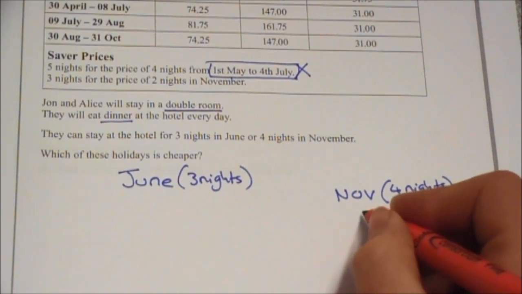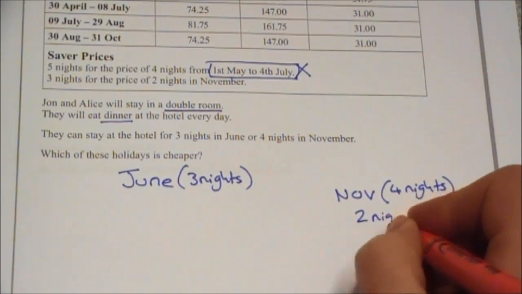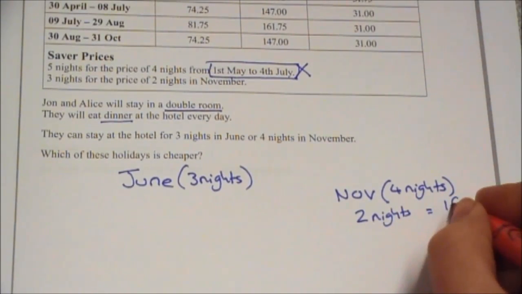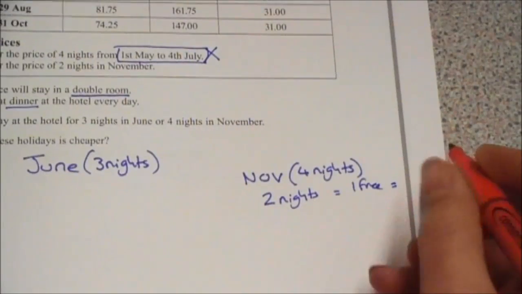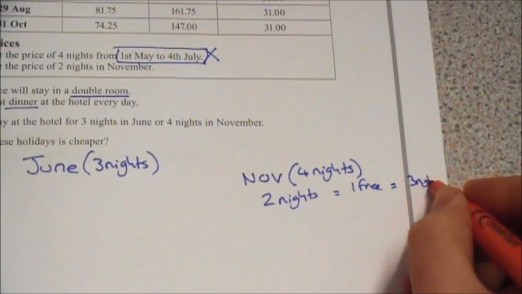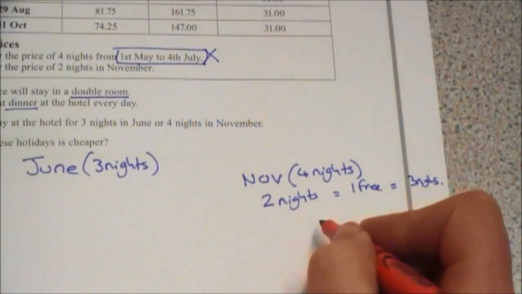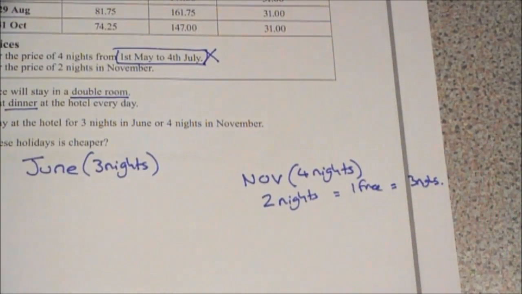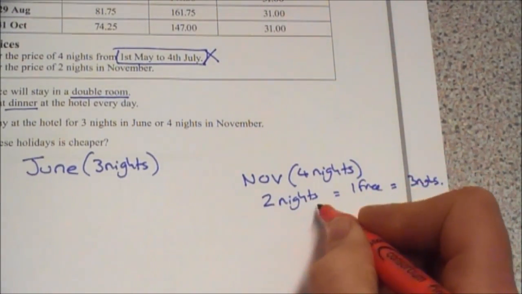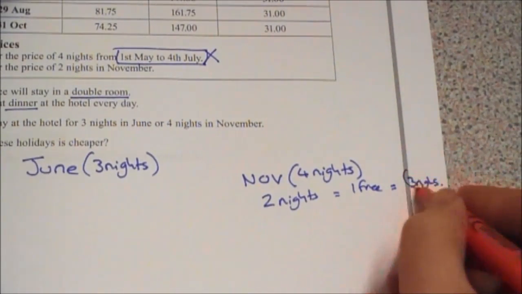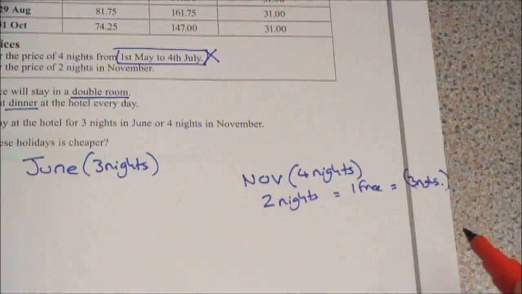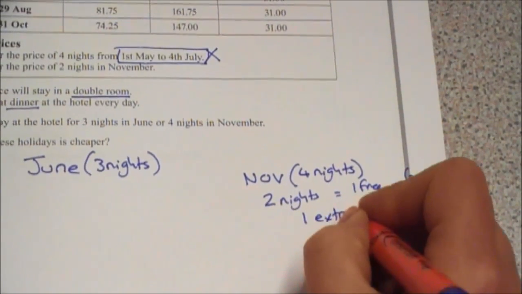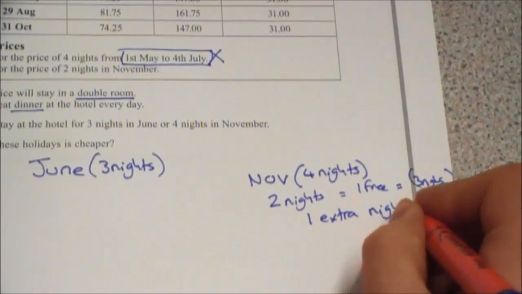For every 2 nights I buy, I get 1 night free. So if I buy 2 nights, that gives me 1 free. So that would give me a total of 3 nights. Now if I bought another 2 nights, I'd get another 1 free, which would give me 6 nights. So that's no use to me. I need to buy 2 nights, get the 1 free, which will give me 3 nights for the price of 2. I then need 1 extra night to pay for.